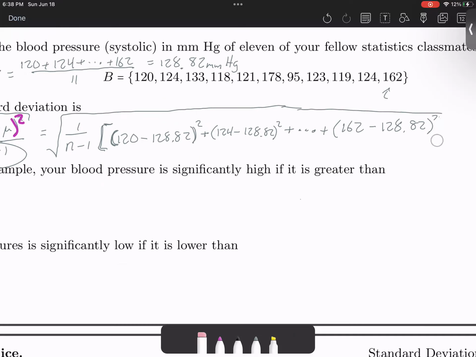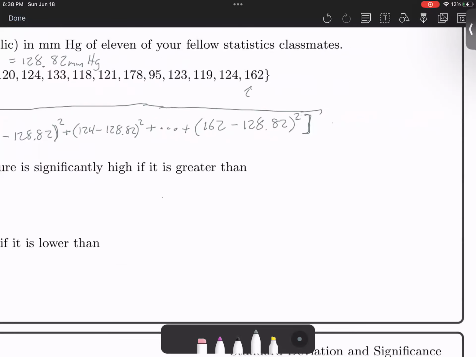Okay, I won't review the algebra, but when the smoke clears, you have a standard deviation of 22.61 millimeters of mercury.